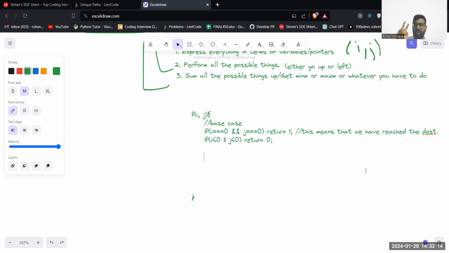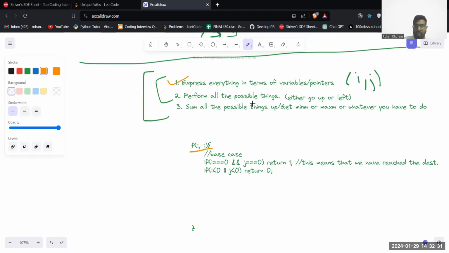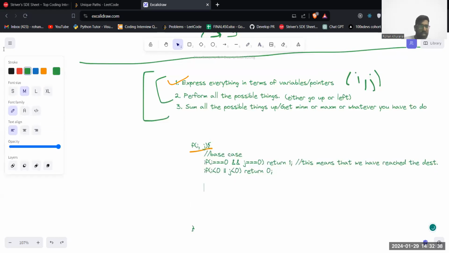Now, the two things that we needed to do. Express in terms of pointers, so the first part is done. Second is perform all the things. What was performing all the things?